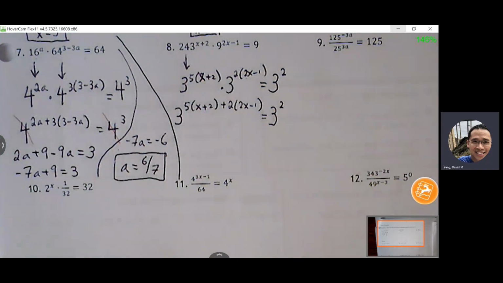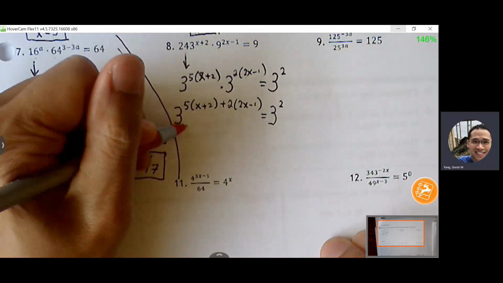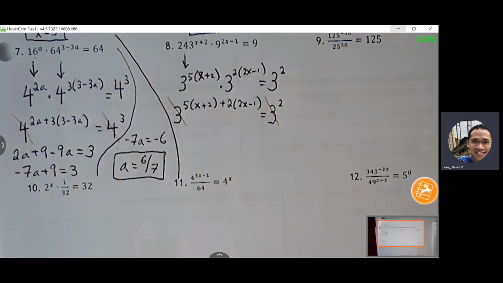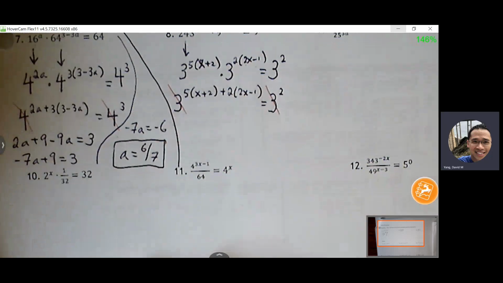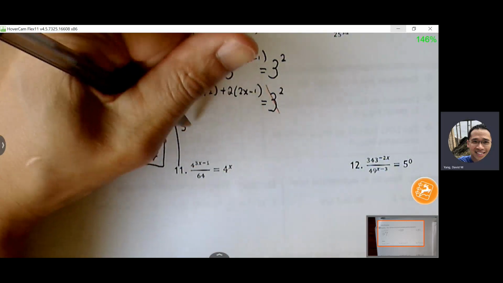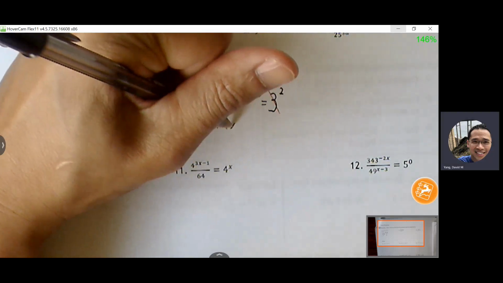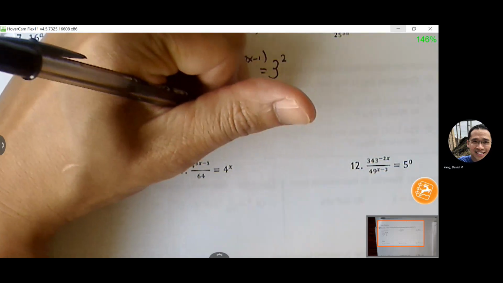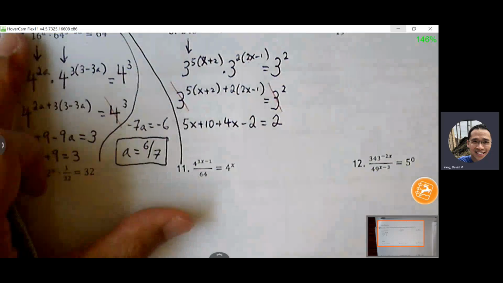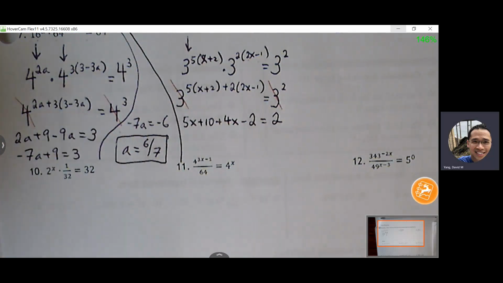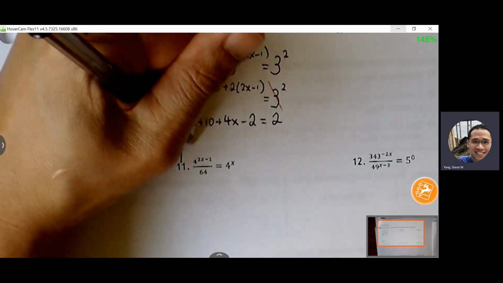Now that I have a base equaling a base, I can remove the base and simply look at the exponents and solve for x. Combine like terms, try to get x by itself.